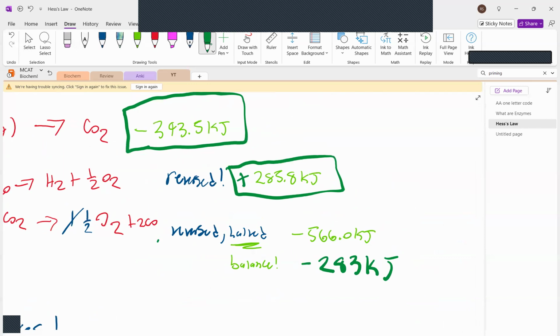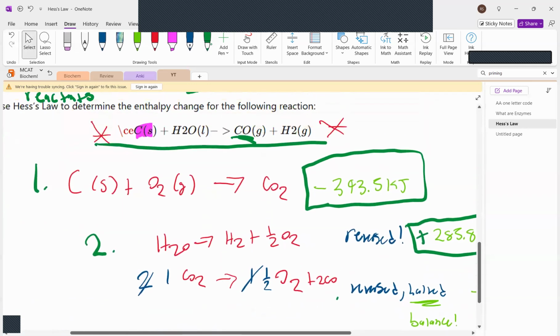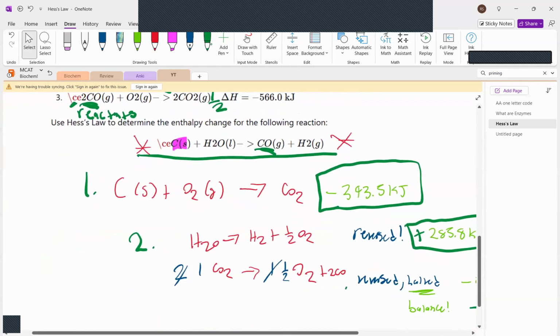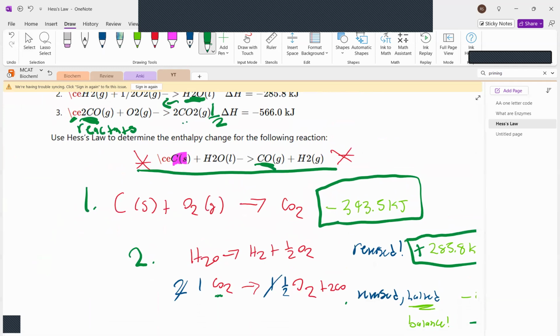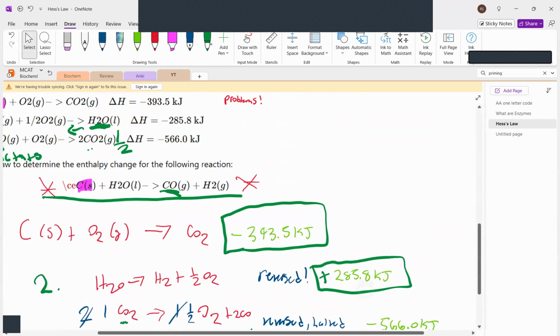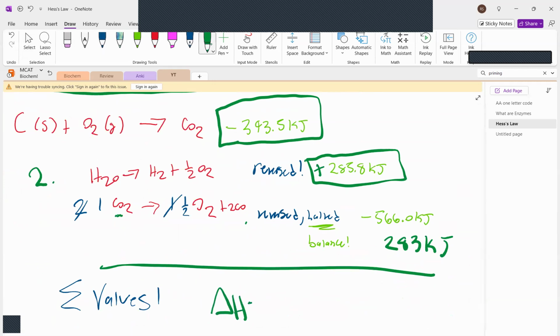And then notice how I flip. You need to flip this too. So this CO2 got flipped. The CO2 is now on the reactant side, where here it was on the product side. This was originally negative 566, so now it's 283.